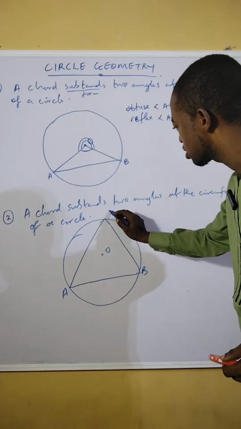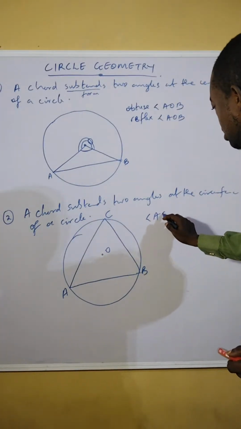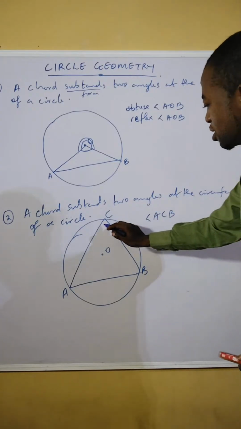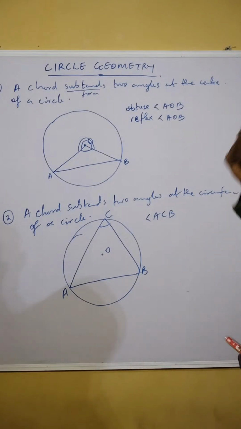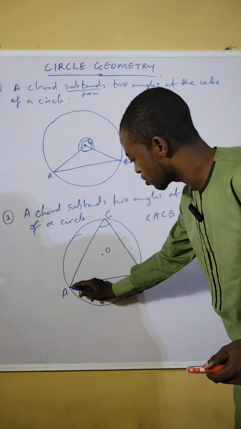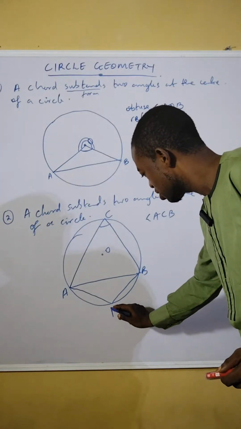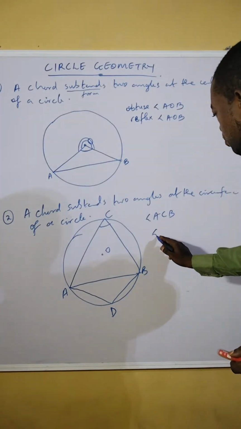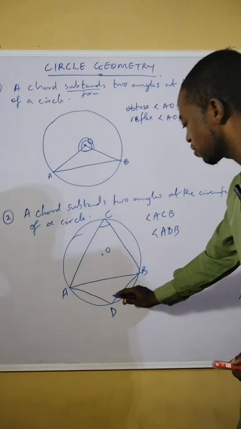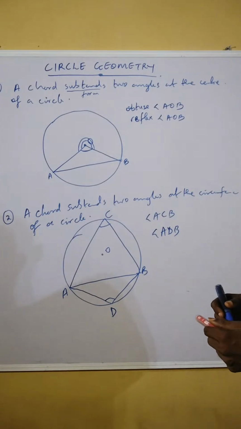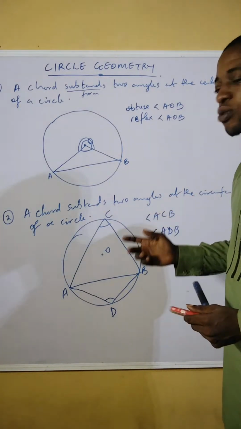And we can call this point C. That is, we have angle ACB, this angle at the circumference. And also it can subtend an angle at this side as well, at the circumference. And when we label this as D, we also have angle ADB at the circumference at this side. So these are ways that a chord can subtend angles.